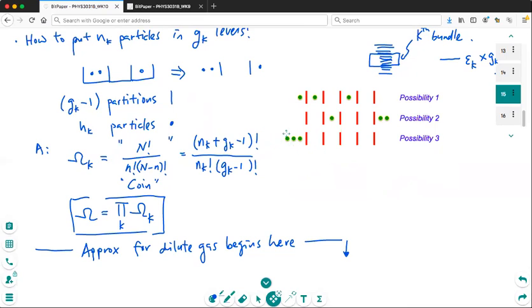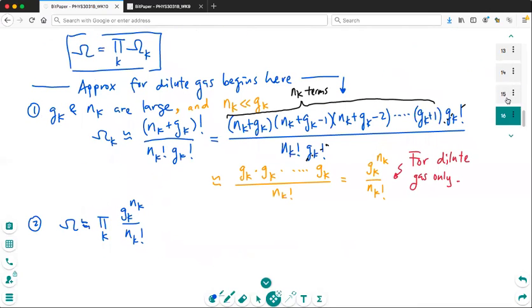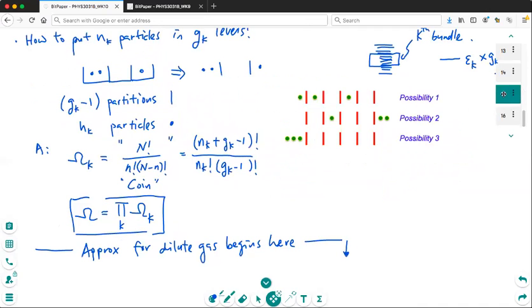I can put as many particles as I like in the same state. And here we basically do not need to worry about this kind of distinction. And I will ask you again why this is the case once we handle bosons and fermions.